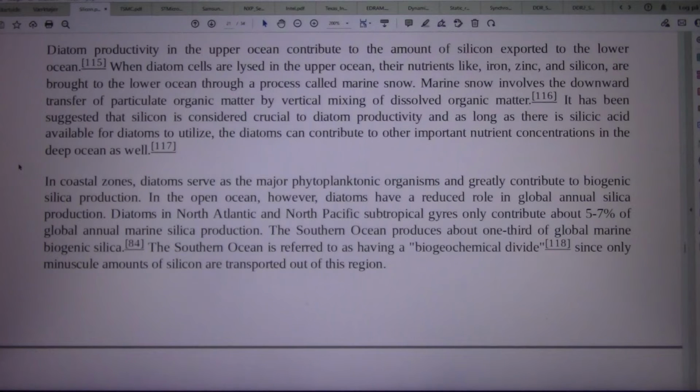Diatoms in North Atlantic and North Pacific subtropical gyres only contribute about 5 to 7% of global annual marine silica production. The Southern Ocean produces about 1/3 of global marine biogenic silica. The Southern Ocean is referred to as having a biogeochemical divide, since only minuscule amounts of silicon are transported out of this region.